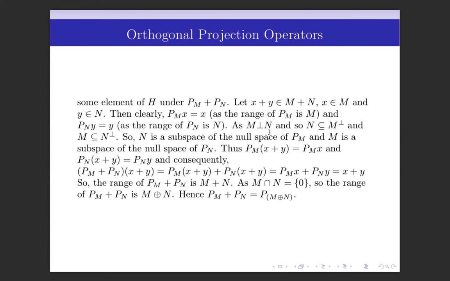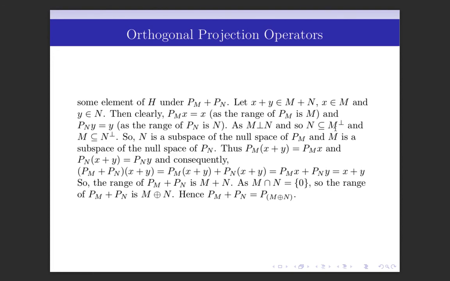As M is orthogonal to N, N is contained in the orthogonal complement of M. Why? Since the orthogonal complement of M contains all those elements of H which are orthogonal to M, and every element of N is orthogonal to all the elements of M, N is contained in the orthogonal complement of M. And similarly, M is contained in the orthogonal complement of N. And in one of our previous lectures, we have also proved that the orthogonal complement of the range space is the null space.